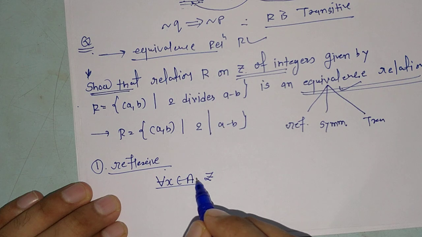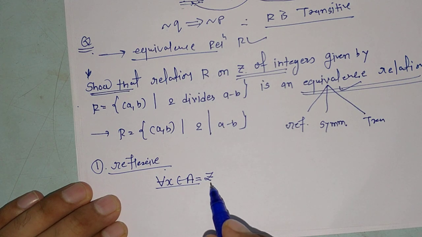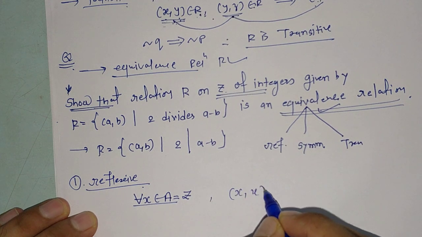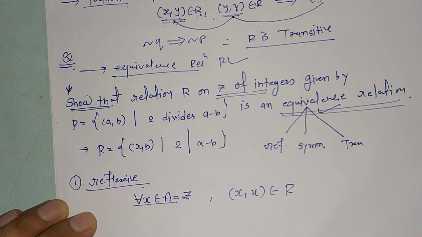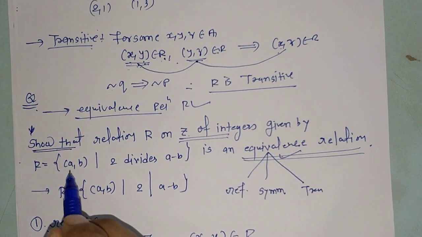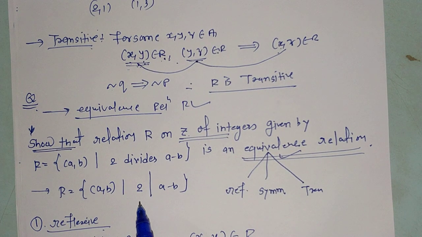So for all x belongs to Z, (x, x) belongs to R, then and then I can say that R is reflexive. Now see, the relation says that an ordered pair is in R if the difference of the terms of the ordered pair is divisible by 2.